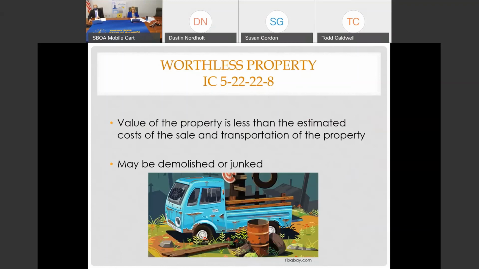Worthless property, if the value of the property is less than the estimated cost of the sale and transportation of that property, then that can be demolished or junked. And again, some documentation should exist to show that the property is worthless by that definition.